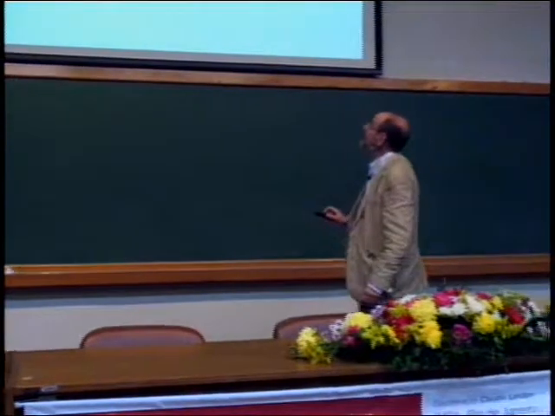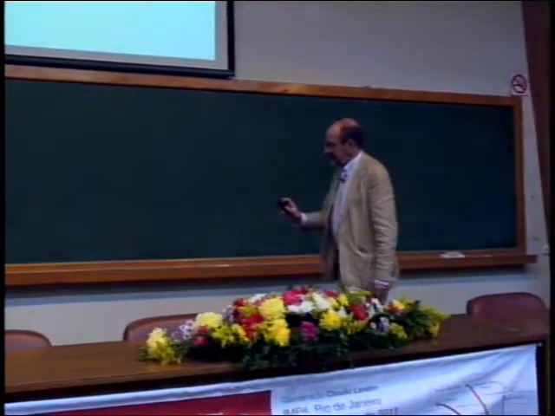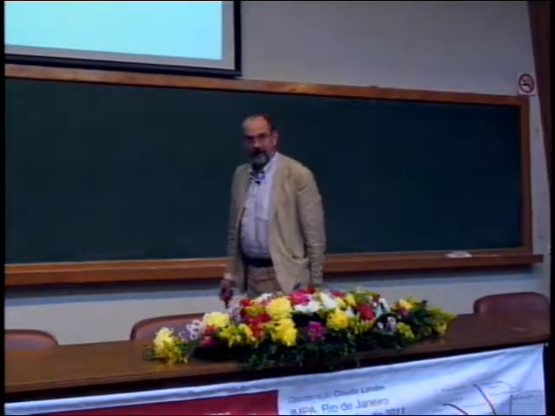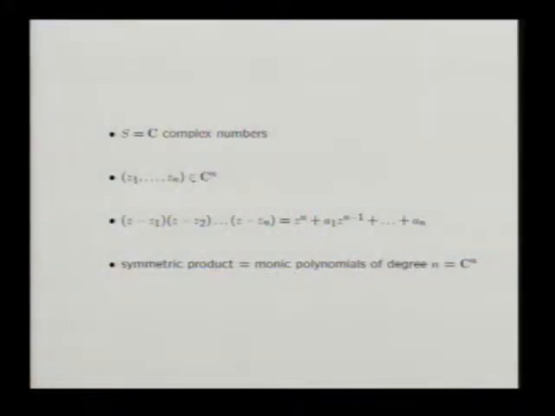So let's look at a particular case of this. So suppose we take just S to be the complex numbers themselves. So of course the Cartesian product is C^n. These are the ordered n-tuples of complex numbers. But if I want to think of them as being unordered, then I can think of them as being the roots of a polynomial, and a monic polynomial, so I could write it like this.